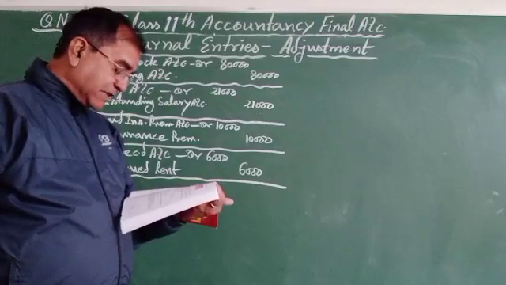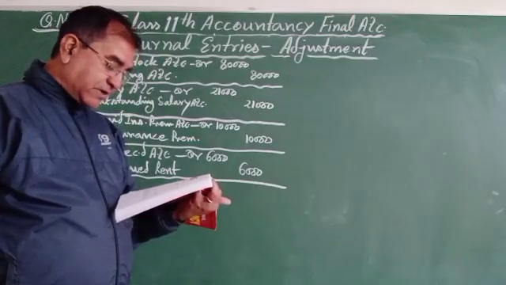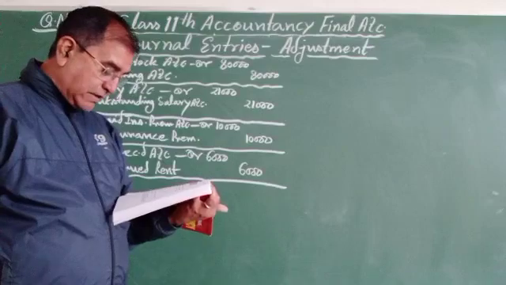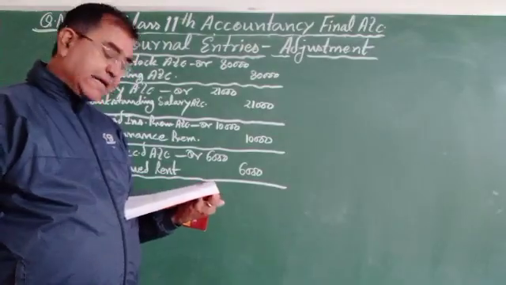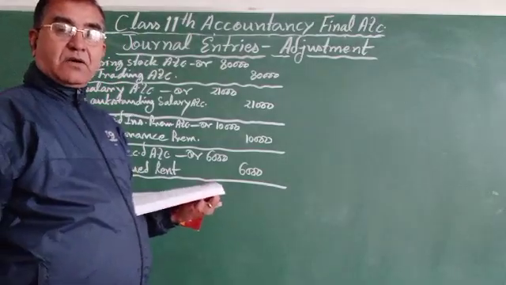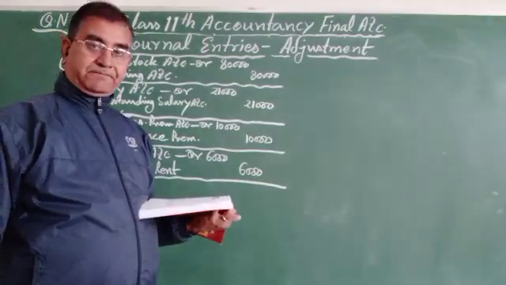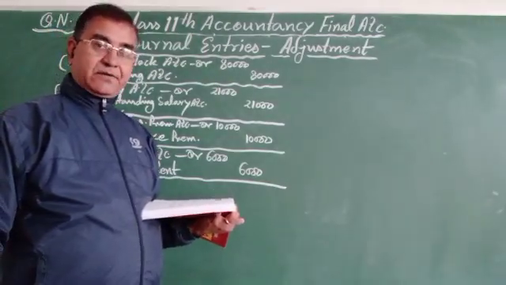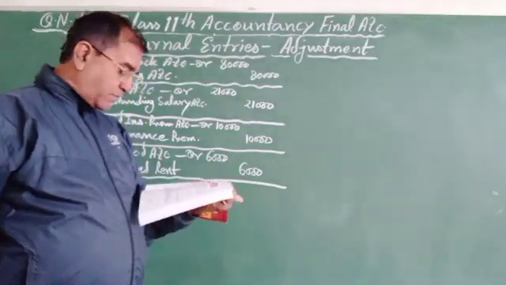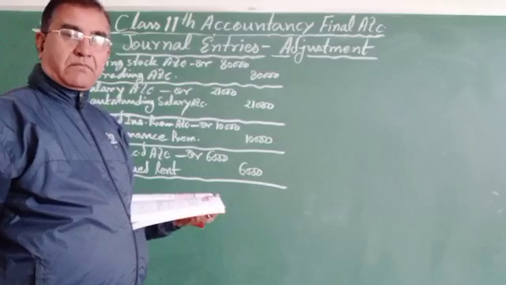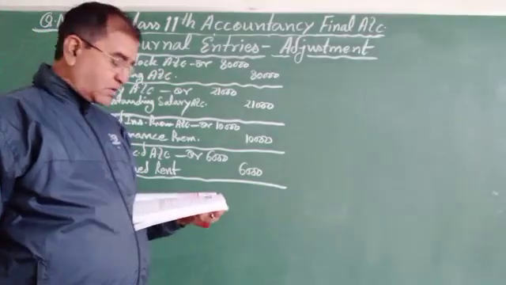And in the fifth, commission accrued but not received during the accounting year, 1,500. And here the GST will be collected from the particular party.